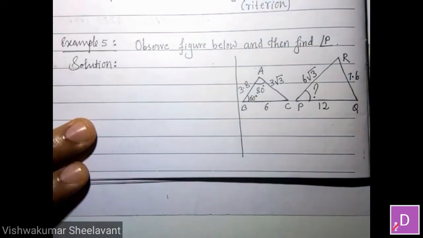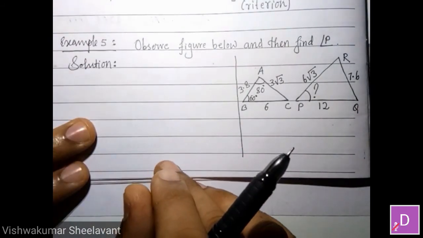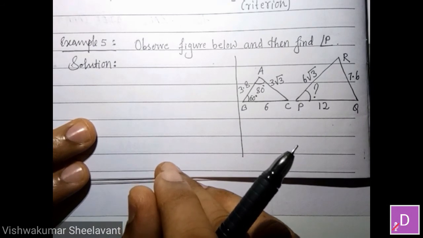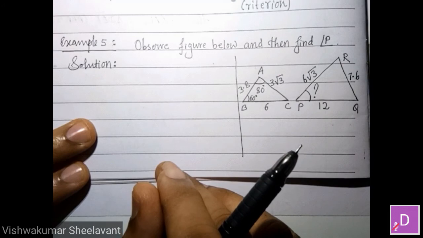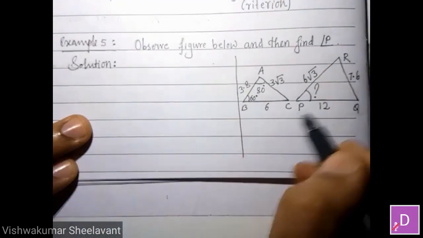You have to see for corresponding vertices. So consider triangle ABC.